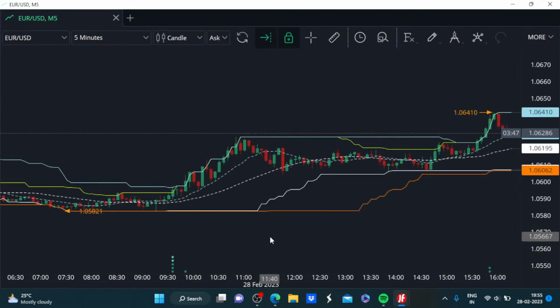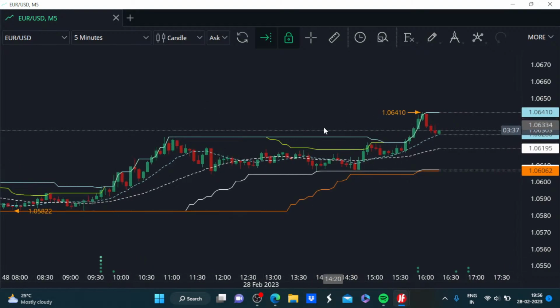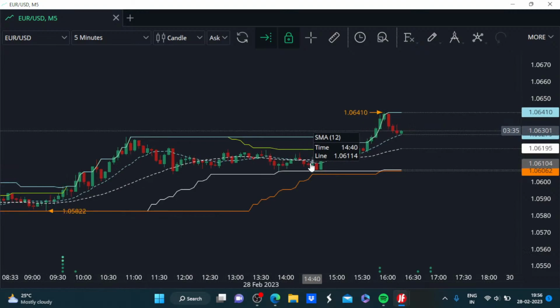From there on it changed course, and particularly in the European trading hours it rose almost 40 pips, and after this stabilization, consolidation phase, we are seeing a further move on the higher side. So the immediate momentum is favorable for buy trades in the Euro USD.